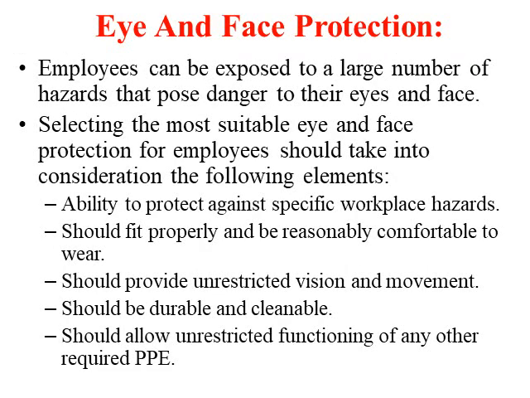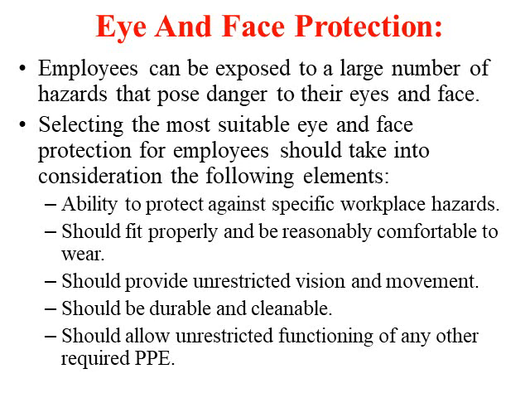So in the next few slides, we'll discuss different types of PPE that are used to cover the various parts of the human body. Let us start with the first one, eye and face protection. Now, in an industry, employees can be exposed to a large number of hazards, and these hazards pose danger either to eyes or face.